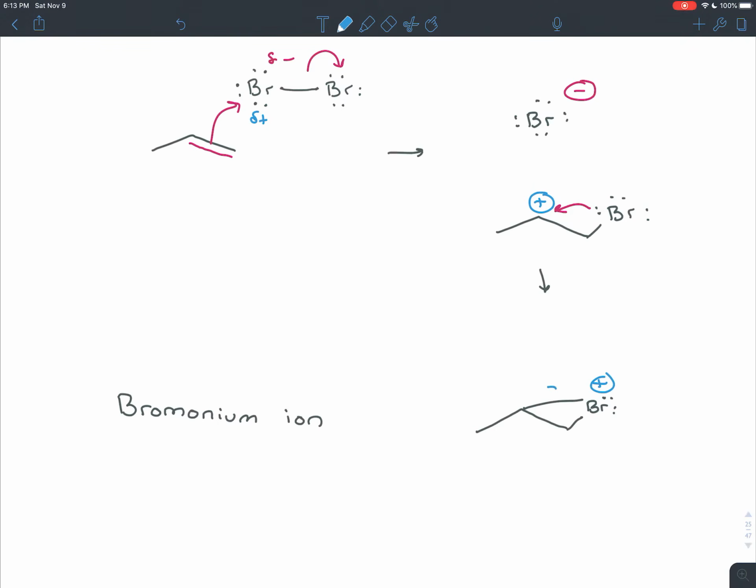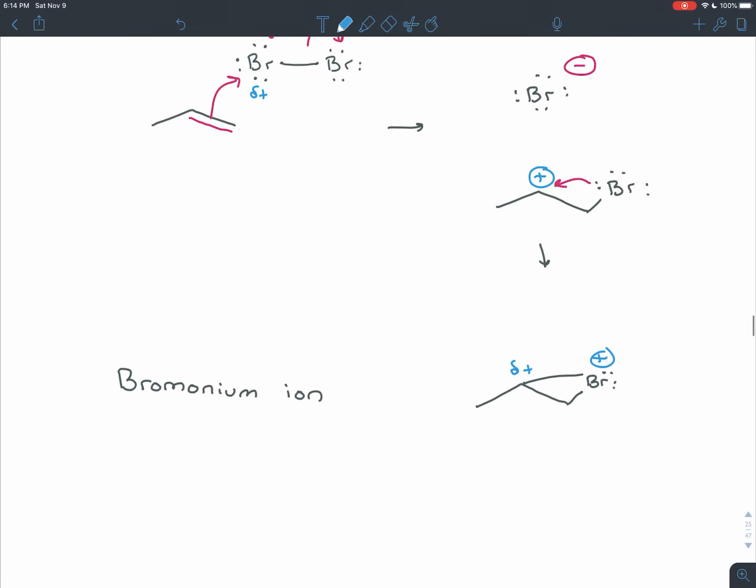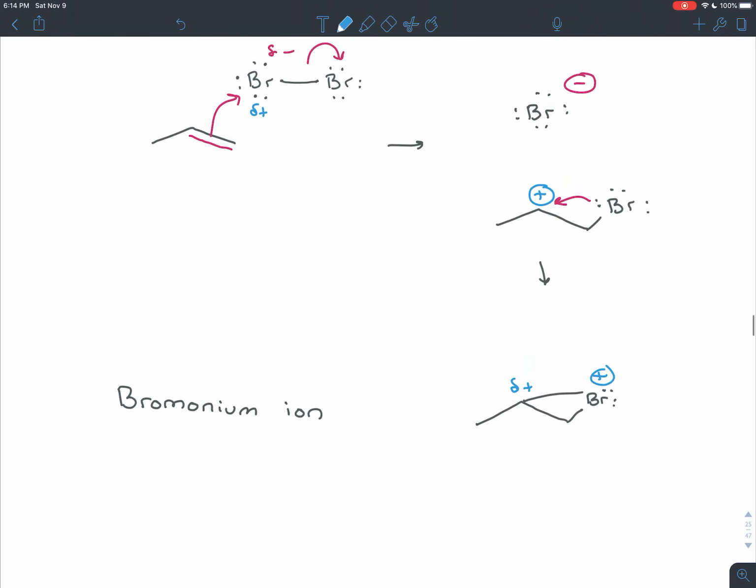These bonds are like little springs that are constantly bouncing around, and so there's always a little give, a little leeway in where the bromine is going to be. As it bounces around, the more substituted carbon can handle it going further away, and the less substituted carbon can't. And so on average, the bromine stays closer to the less substituted carbon, and the more substituted carbon has a sort of slight positive charge. And so you form this bromonium ion.